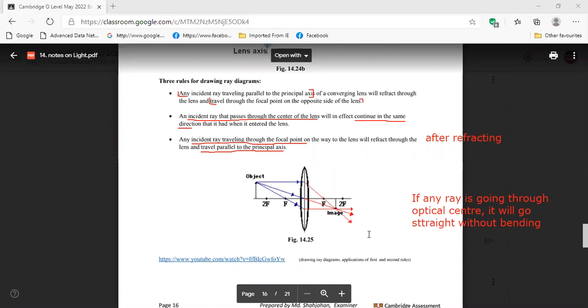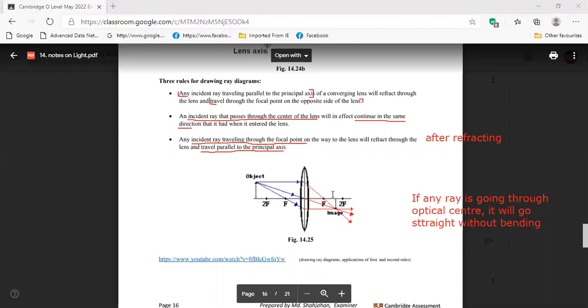The image is smaller than the object. Look, the object size is a bit bigger, isn't it? But the image size is smaller.